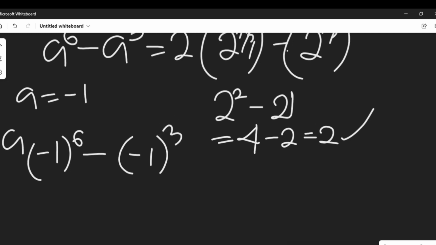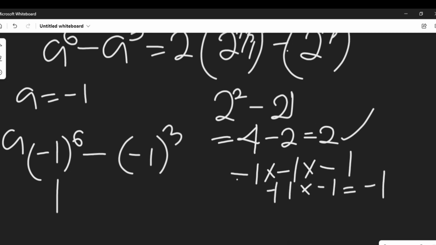Minus 1 raised to power 6 will give us 1, because minus 1 times minus 1 will give us plus 1, times minus 1 will give us minus 1, and we continue that way until we get to power 6, which gives plus 1. Minus 1 raised to power 3 gives minus 1, and minus times minus will give us plus, so we'll have 1 plus 1, and that will be equal to 2.